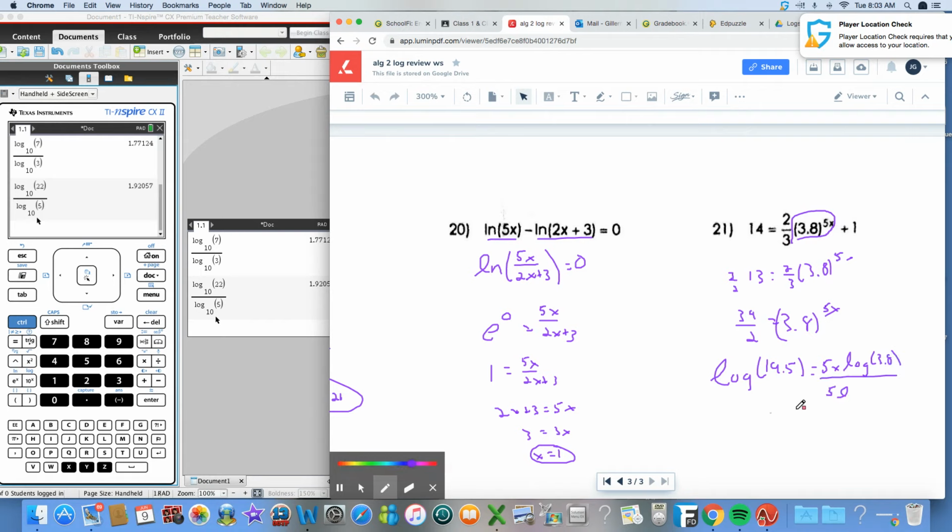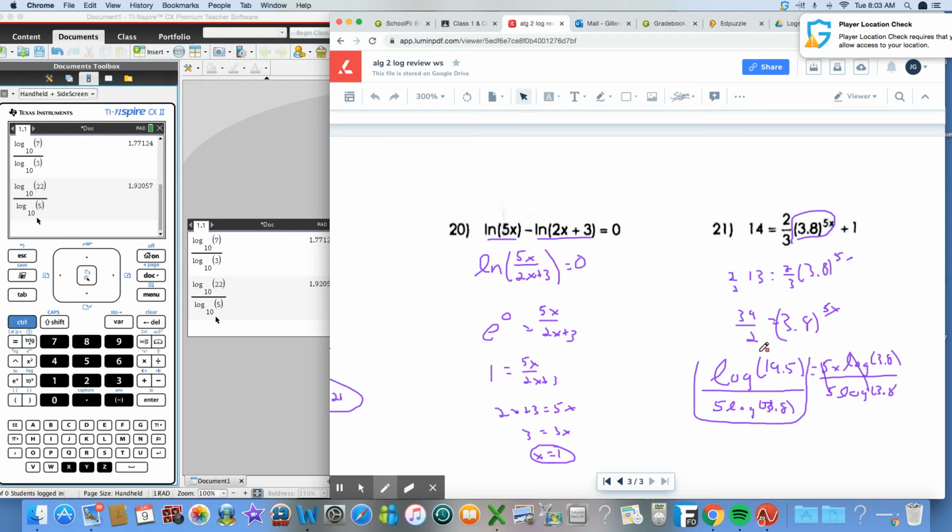So now I just divide by 5 log 3.8 to solve for x, right? That cancels. So the answer is log of 19.5 over 5 log of 3.8. All right, and there's your answer.